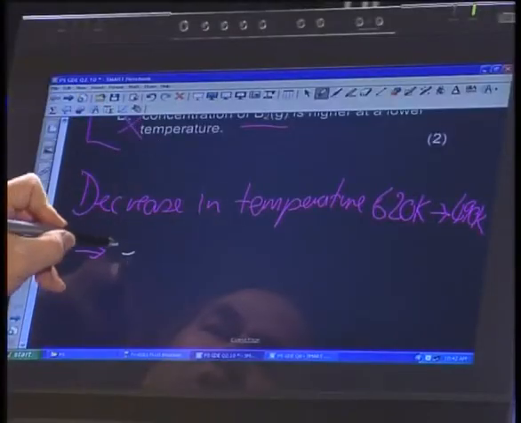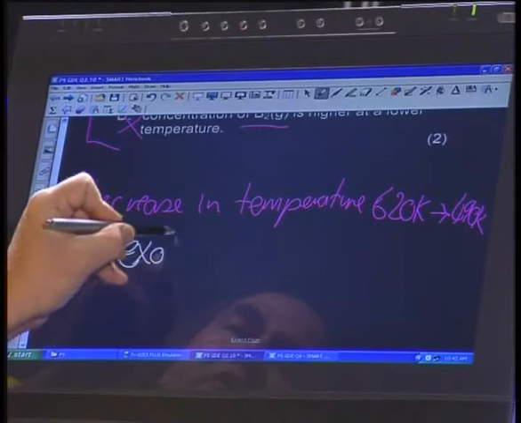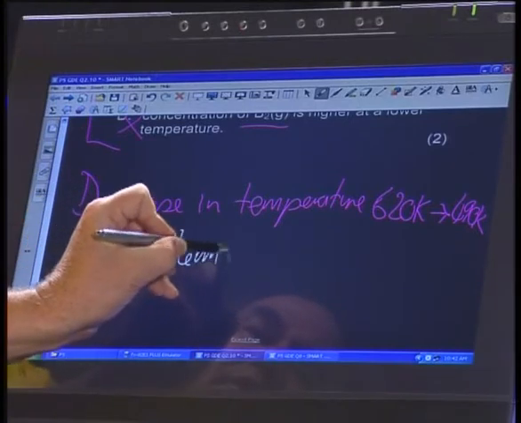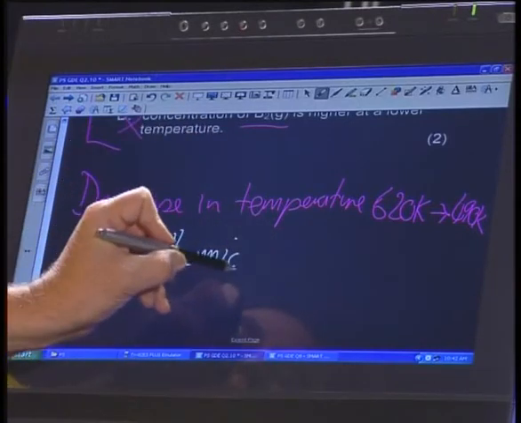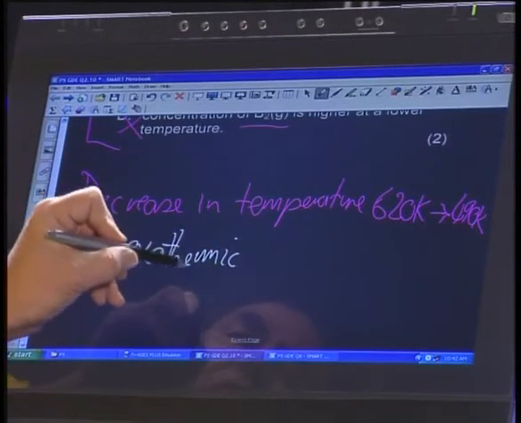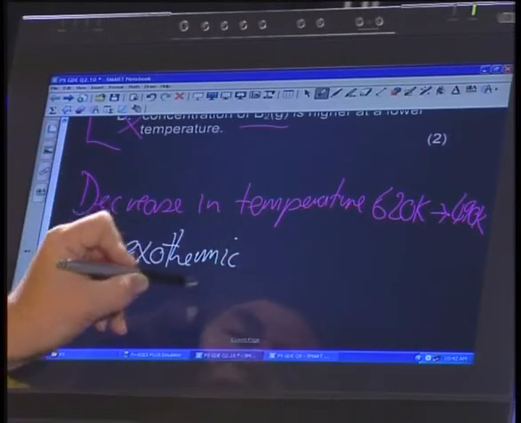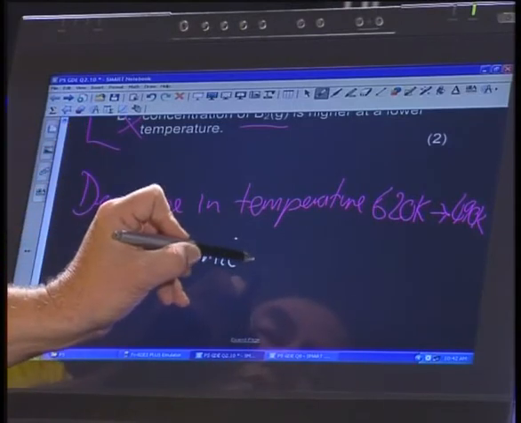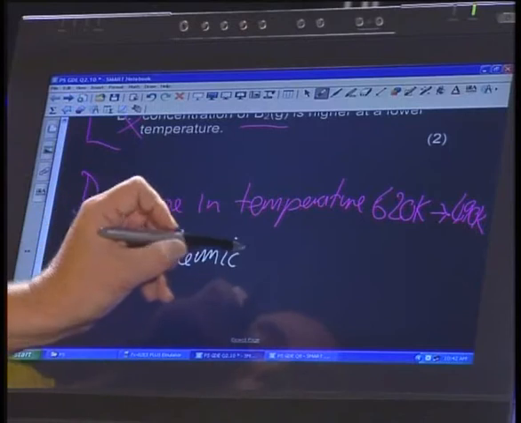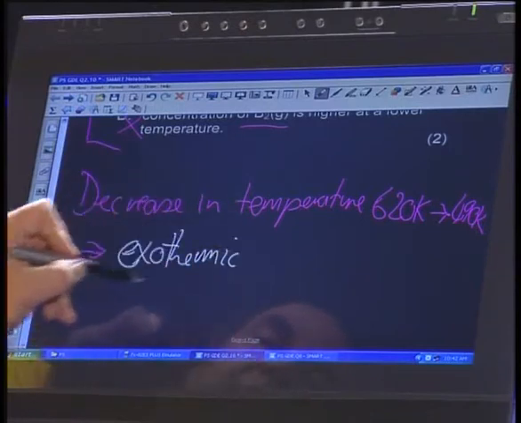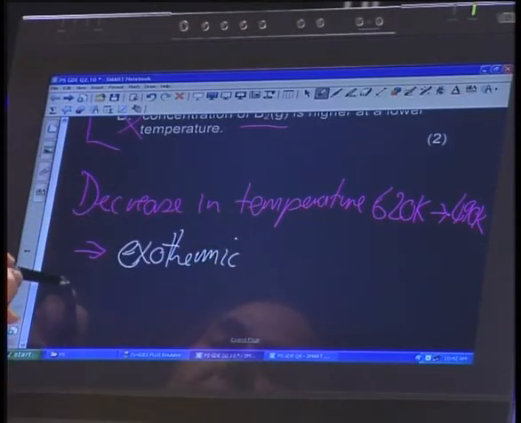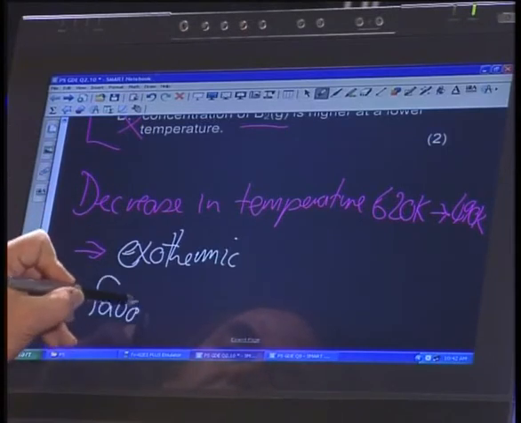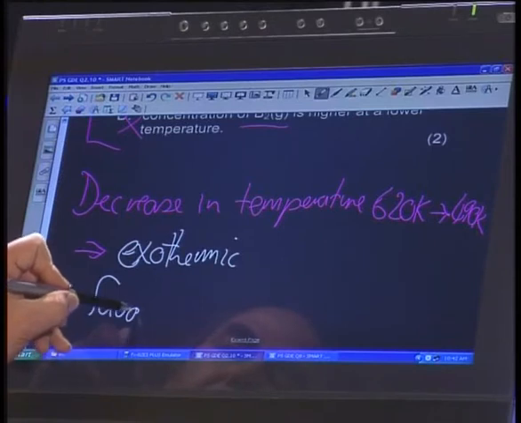So a decrease in temperature always favors the exothermic reaction. You try and decrease the temperature, it will try and make more heat. So if you take away heat, it will try and make heat. So it will favor the exothermic reaction if you decrease the temperature. And in this case, we can therefore say we've worked out that the forward reaction was favored.